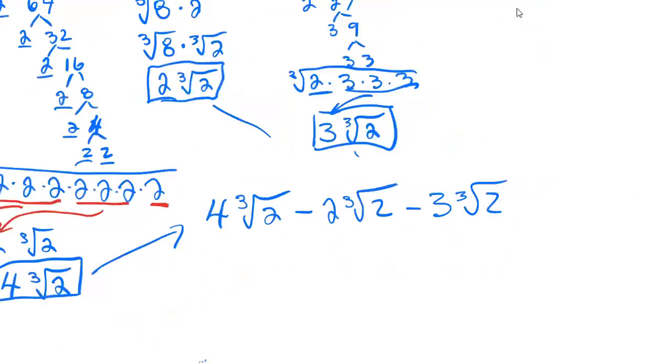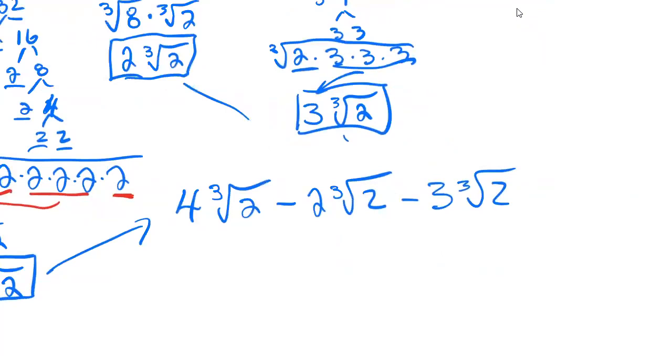Knowing that radicand and index are the same, I know I'm going to end up with a cube root 2. It has to be there. It doesn't disappear. So I go 4 minus 2 is 2. 2 take away 3 is minus 1. So I'm going to write minus 1 cube root 2. And if you just wrote negative without the 1 there, that is totally fine also. That's not a marked mistake.